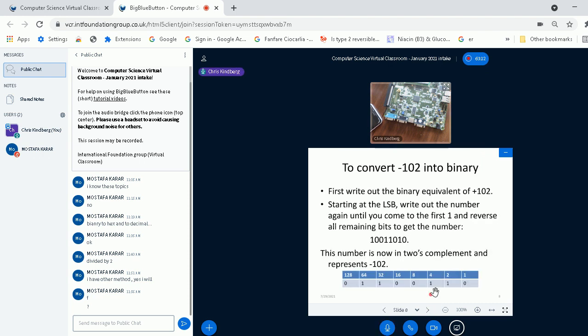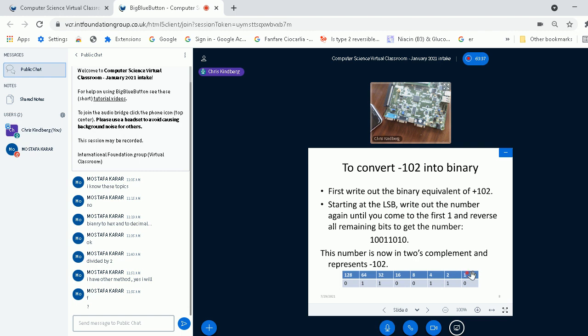I'm just looking here. So this binary number here, where my cursor is now, represents plus 102. You can confirm that by just adding 64 and 32 and 16 and so on all together.